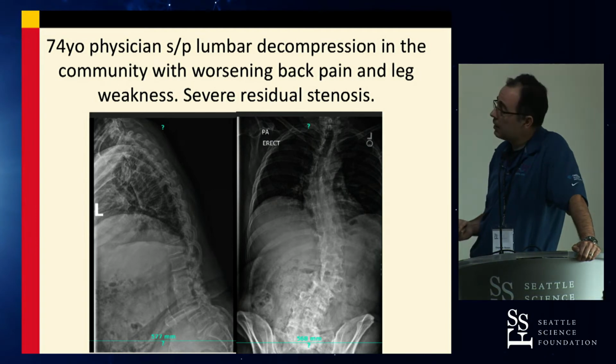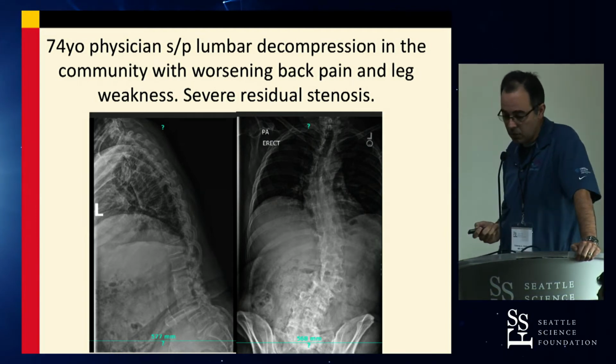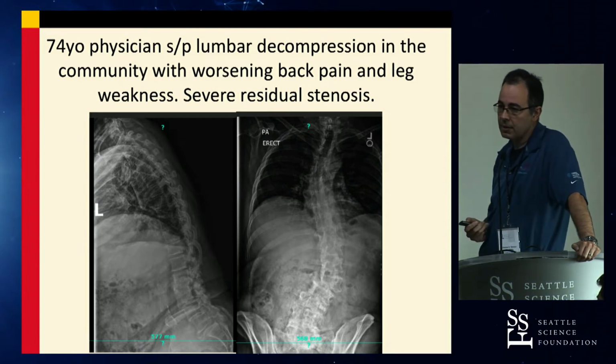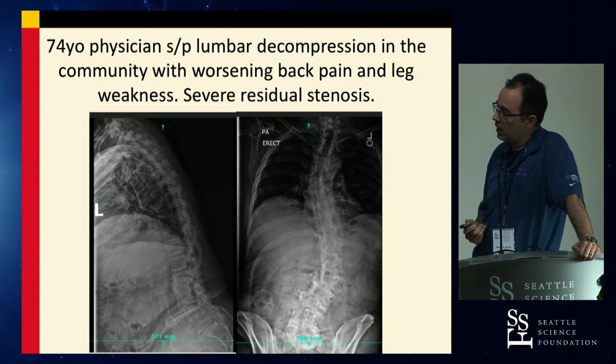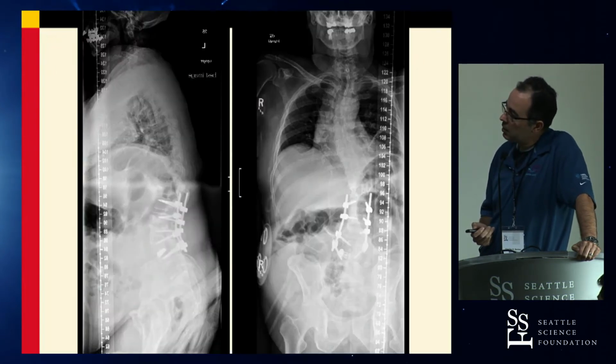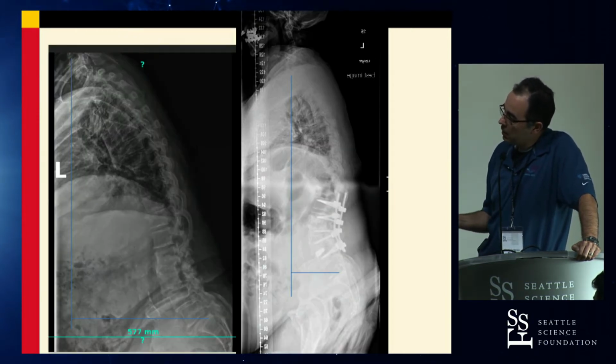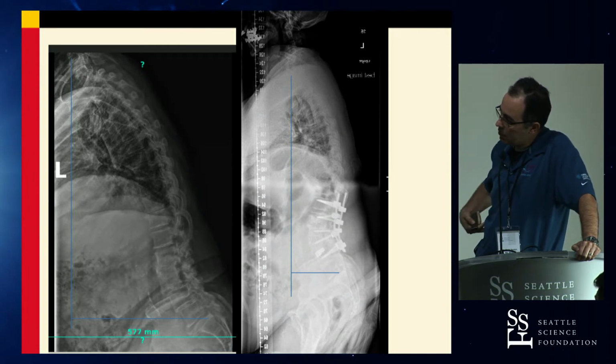So this is a gentleman where, again, I wanted to try a sort of hybrid situation, not doing a huge construct, but trying to improve him partially. And so this again was another patient who had an oblique lateral interbody fusion.